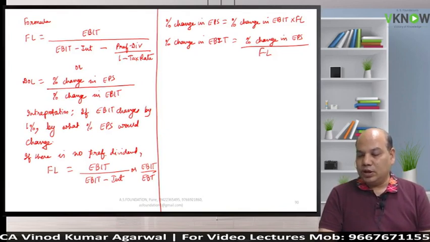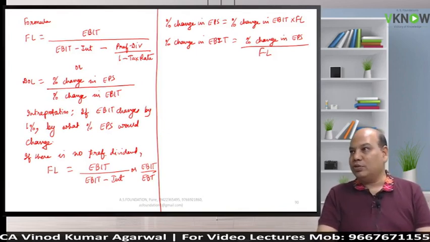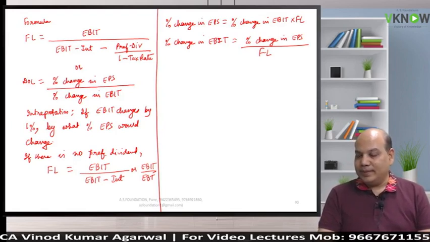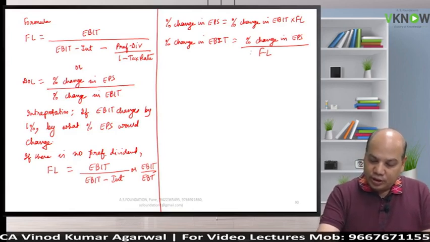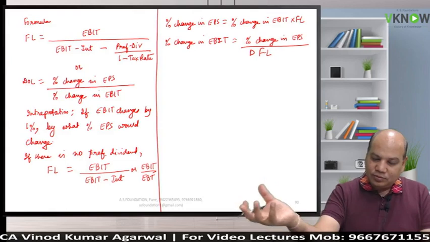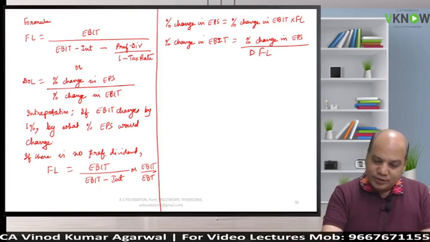If they say that you have to bring EPS down to 0, bringing EPS down to 0 means a 100% decrease in EPS. Then you will apply this formula and find out the decrease in EBIT required. You can write DFL, you can write FL, doesn't matter.